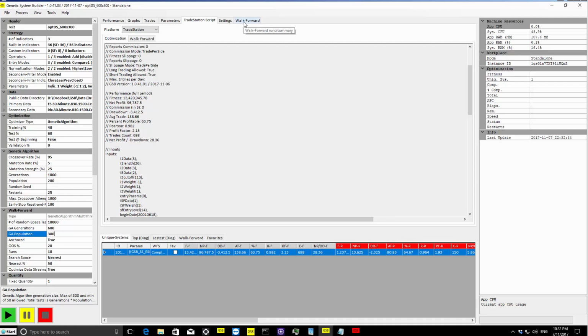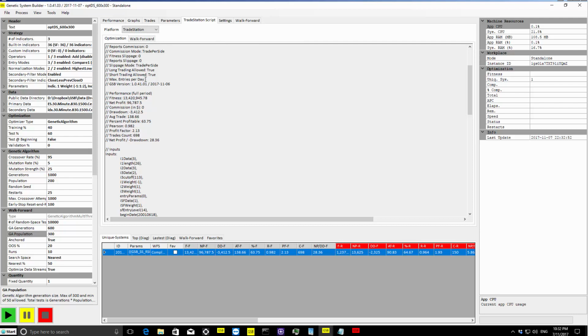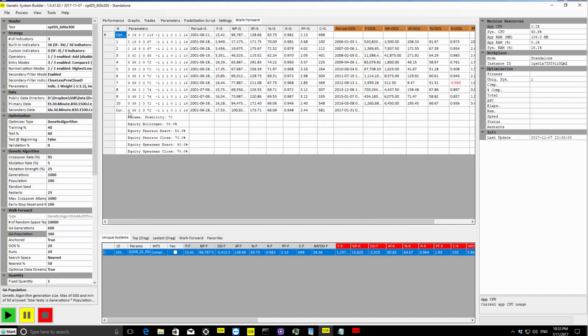So when we look at our walk forward results, we can see that the data stream has changed. Just to clarify again, it was 3, 3, 2 for the data streams. Now when we walk forward it, we can see it's 3, 2, 3.